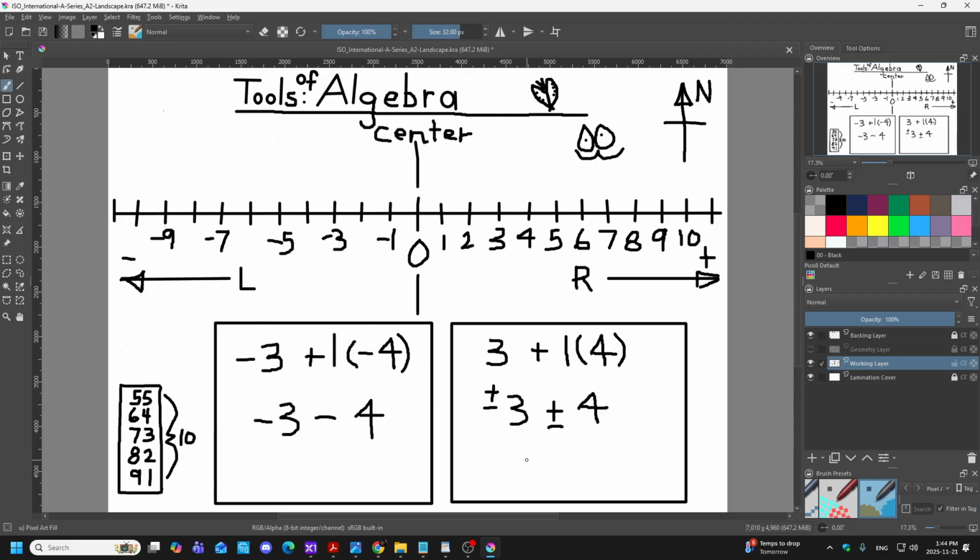When we add these together, we end up with 7, right? We're actually increasing. So if I show you the work, starting at 3, we go to the right. Remember, when it's a positive, we go to the right. So begin at 3. 1, 2, 3, 4. Our answer is positive 7. Okay? You can see that, right?